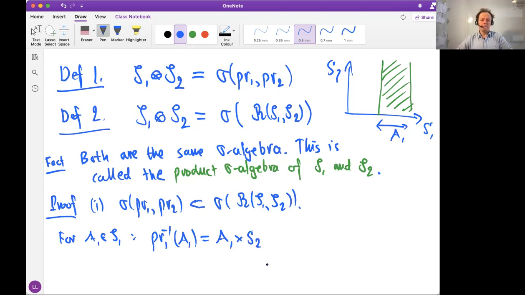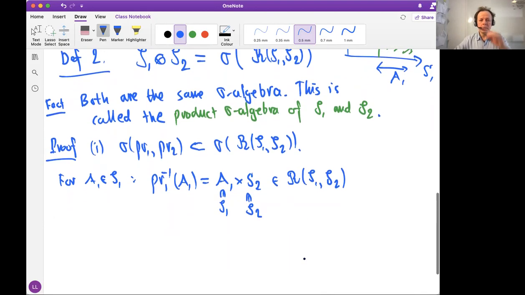And then this one is measurable, it's in S1, and this one is in S2 calligraphic, because the full set is contained in this sigma algebra. So this product is a member of, it's an instance of a rectangle in S1, S2.